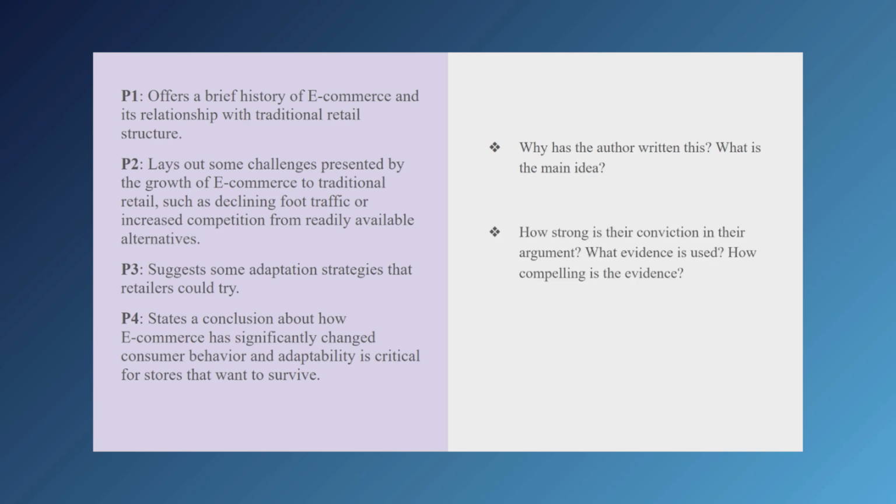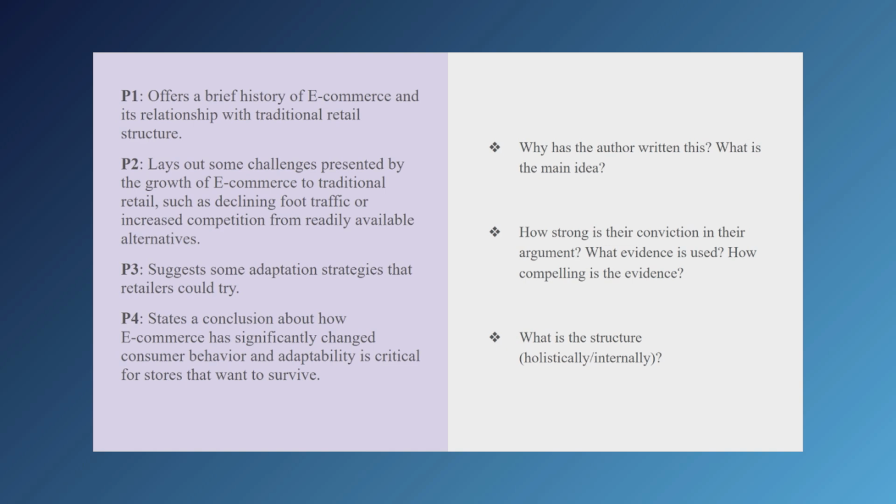Since the author is making an argument, how strong is their conviction in the argument that adaptability is critical? What is the evidence that they use to support it? How compelling is the evidence? And in this case, what is the structure, either holistically, the structure of the whole passage, or internally, the relationship between the parts?